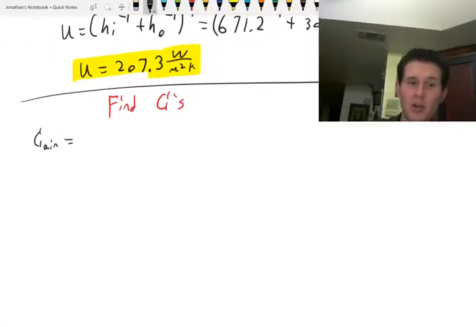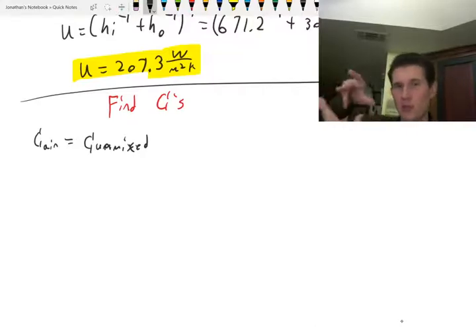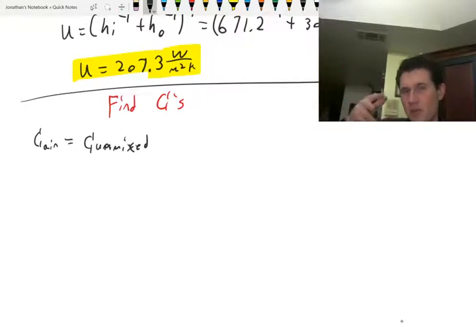So we know that our air C is going to be an unmixed flow. Now we are making an assumption here that we're not mixing fluids across the pipes. Maybe we have some fins on these tubes. So when you have your tube array, you have your pipes in them, and we're assuming that air does not mix from over here and all around.